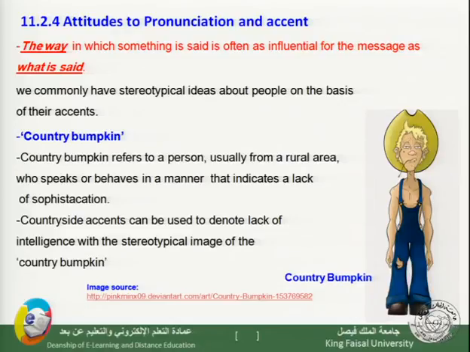And usually the countryside accent, the way those people pronounce the language, can be used to denote lack of intelligence with the stereotypical image of the country pumpkin. Here we have an image of a country pumpkin in the United States of America, and a web link through which you can access this image online if you want to.